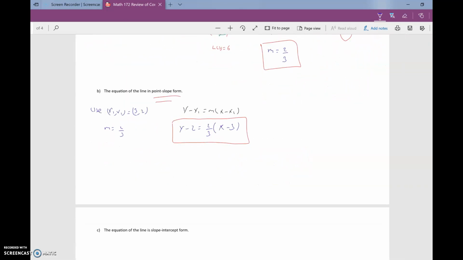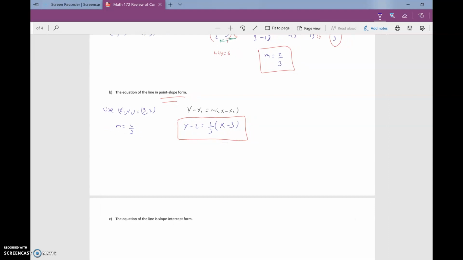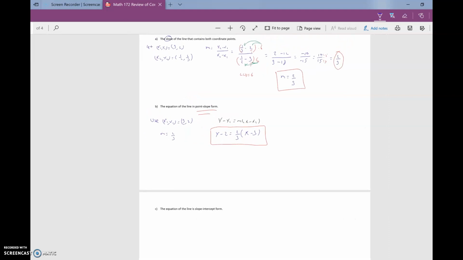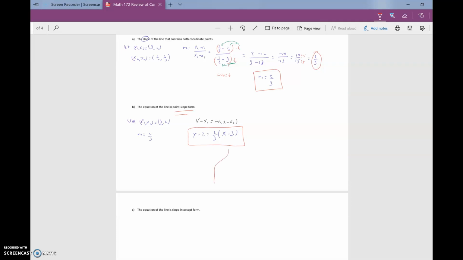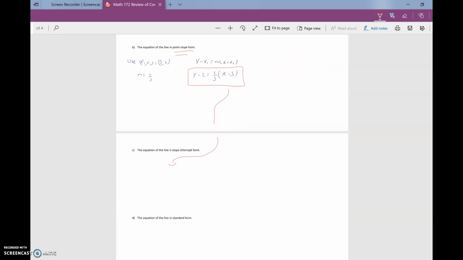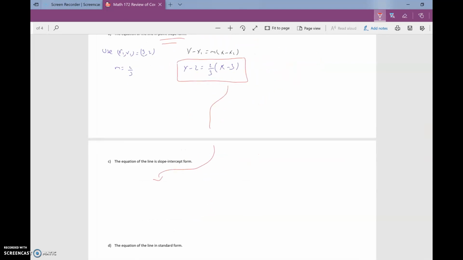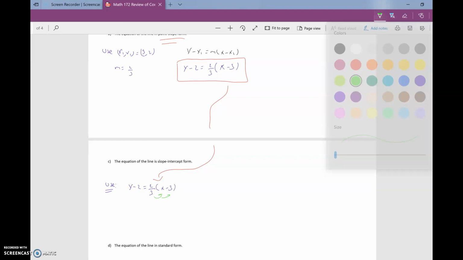And then for part C, they want it in slope intercept form. The easiest step is to just use your previous solution. In this case, let me rewrite it: y minus 2 is equal to 2/3 times x minus 3, and then distribute out the 2/3.